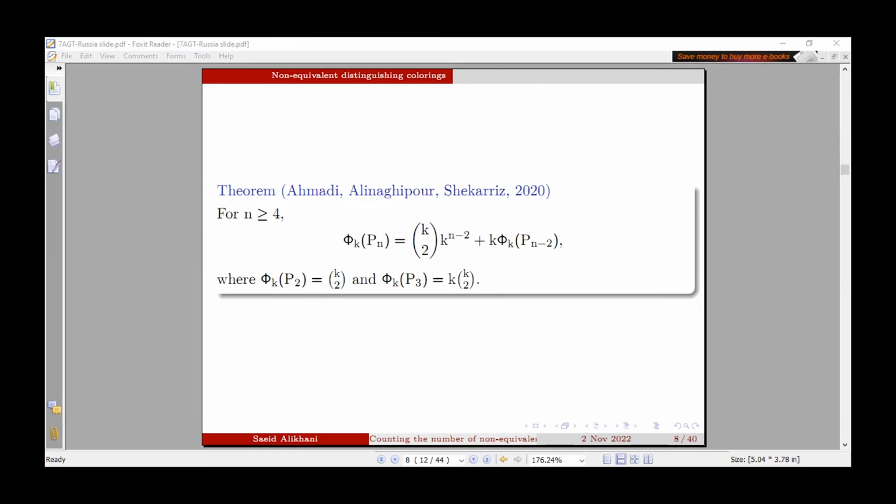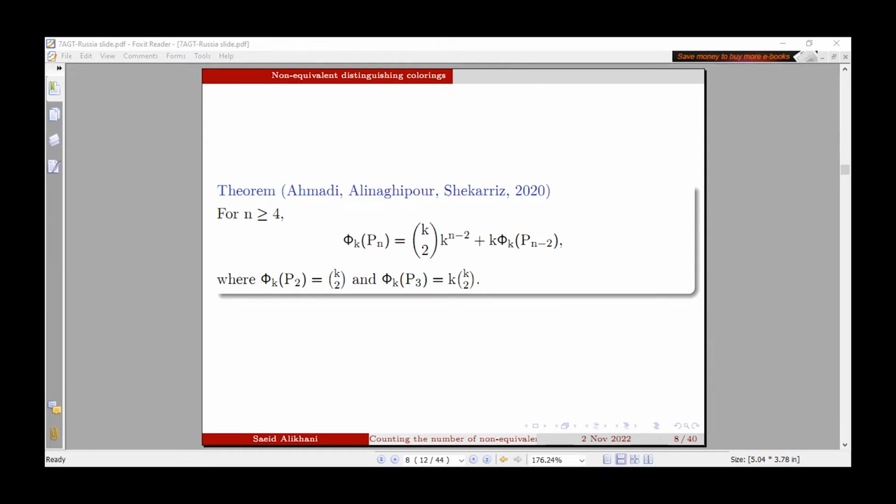If they have different colors, for example colors 1 and 2, then I can choose these two colors from k colors in k choose 2 ways. After this, the internal vertices can have any of the k to the n minus 2 combinations.